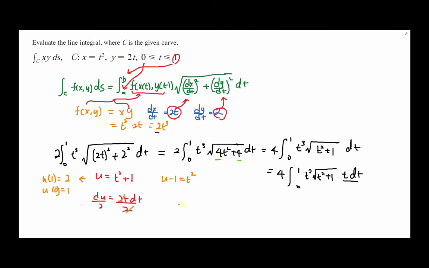So if I rewrite this now, we still have 4 in front, and then our upper limit changes to 2 and lower limit changes to 1. T squared happens to be u minus 1. And then under the radical we have simply u, and t dt became du over 2. That 1/2 can multiply with 4 in front, so you get 2 integral.